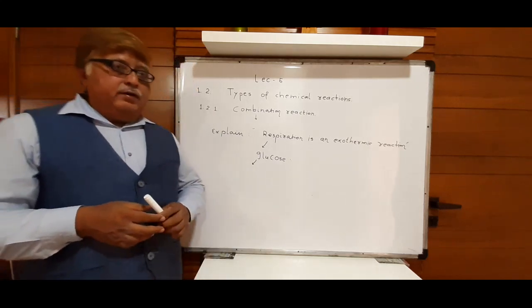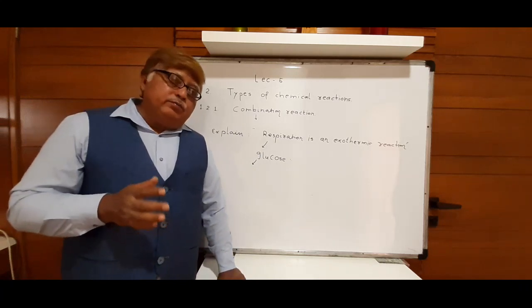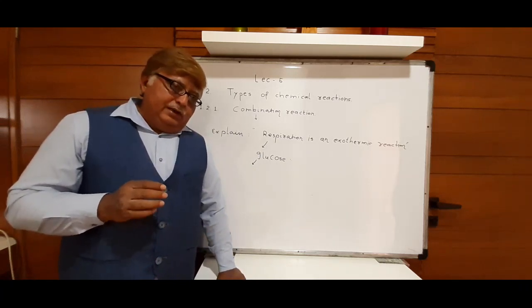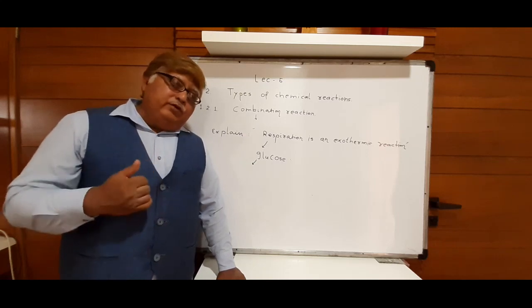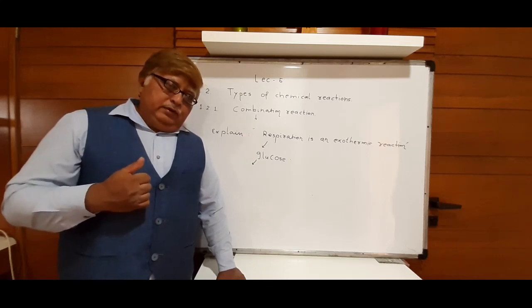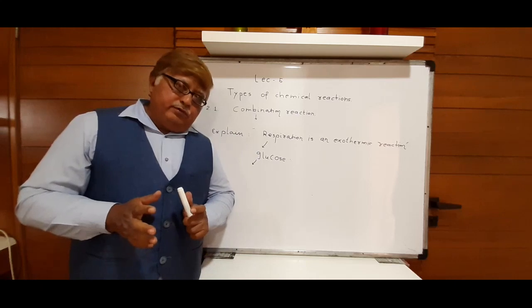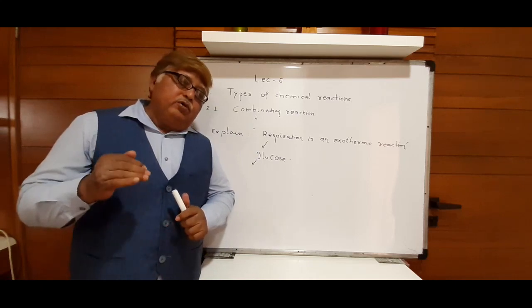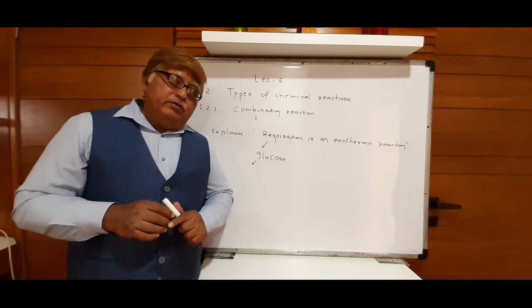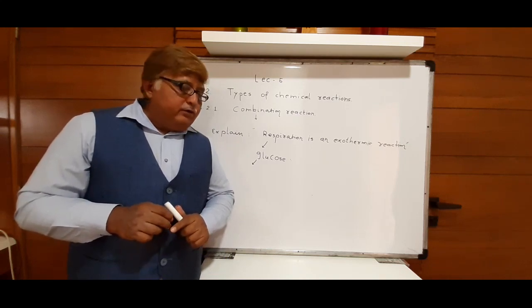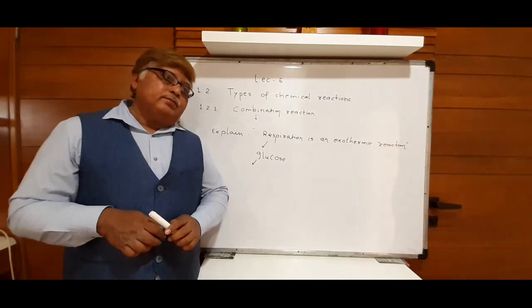In that, carbohydrates are one of the major energy suppliers in our body. So when you eat food, that food is decomposed. Whatever carbohydrates are present in the food are decomposed and converted into glucose molecules.